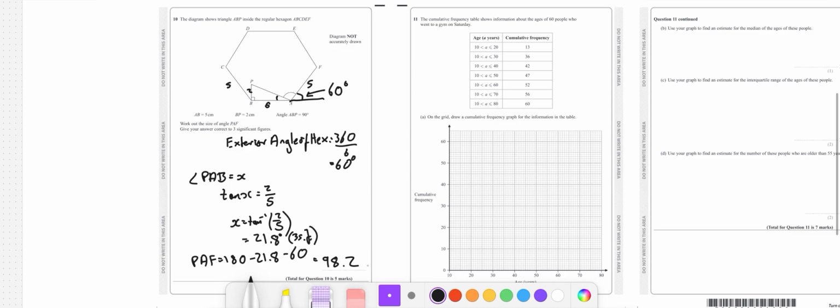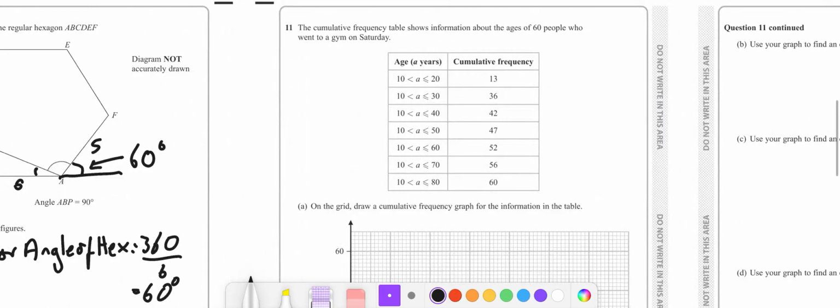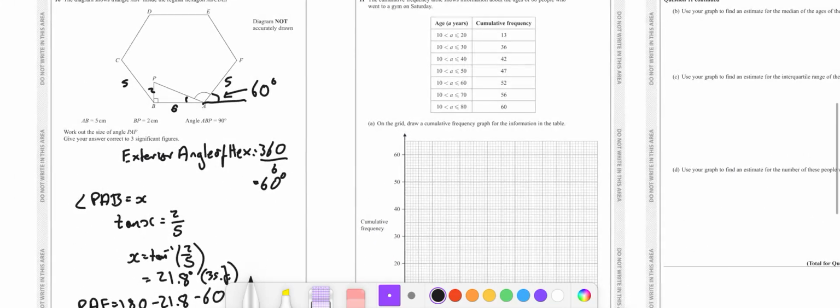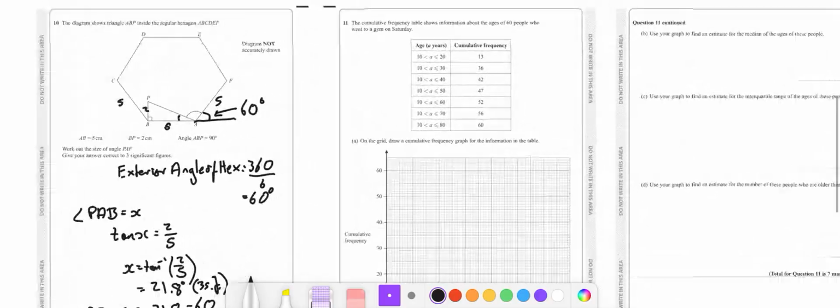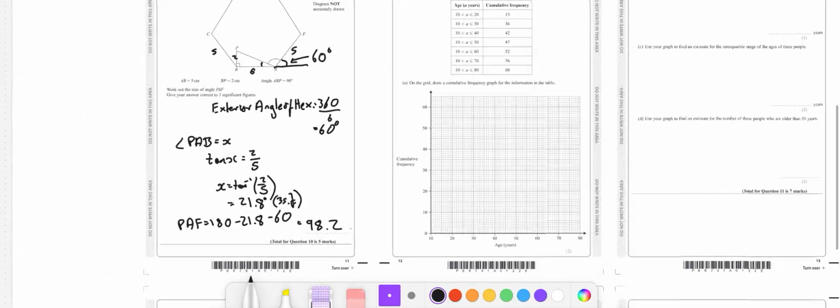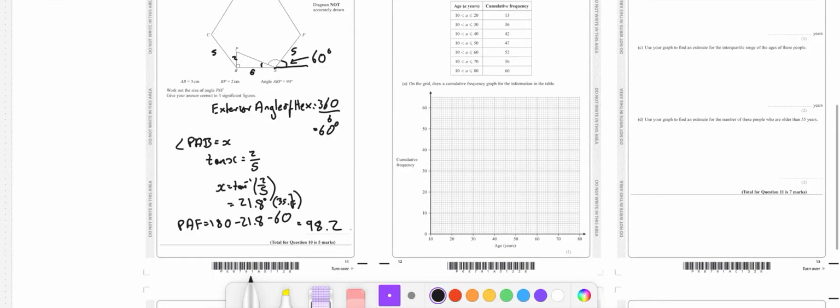Okay, question 11. A cumulative frequency table shows the information about the ages of 60 people who went to the gym on Saturday. On the grid, draw a cumulative frequency graph. Now they have already given me the cumulative frequencies, so we just need to remember to plot these at the upper limit.